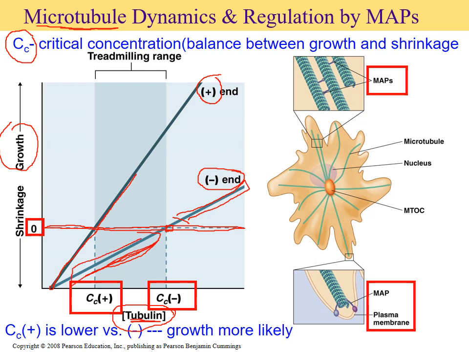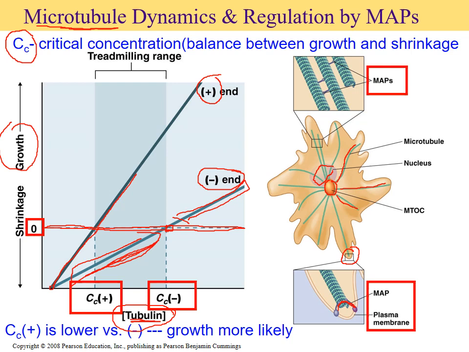On the right-hand side of the illustrations, you're going to see another representation of our cell with the nucleus right here. We see our MTOC segment, and it's showing you your microtubules radiating outwards. This is also the part where it's showing you that if you were to zoom in, you would notice that the microtubules, by the time it gets to the plasma membrane, will actually utilize MAPs, or microtubule associated proteins, right over here, to form almost like an anchoring point or a connection point so that they can be physically attached to the plasma membrane.